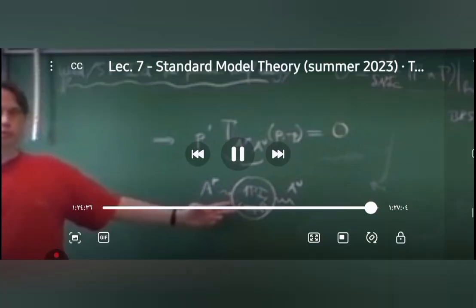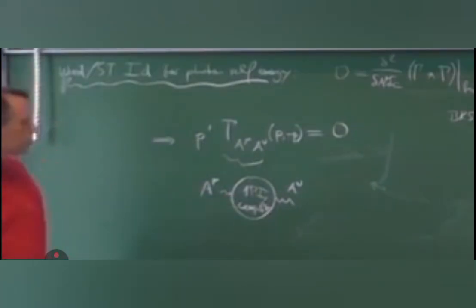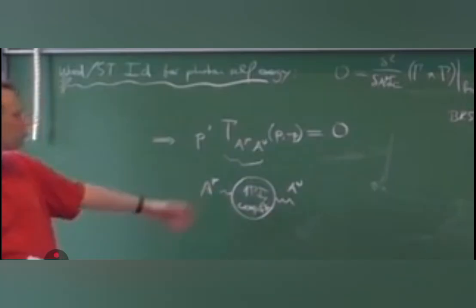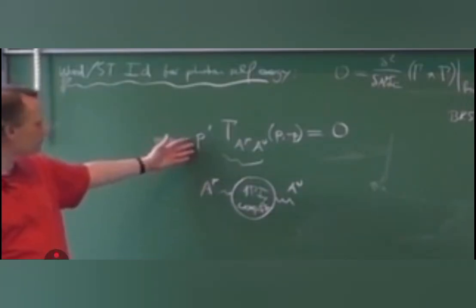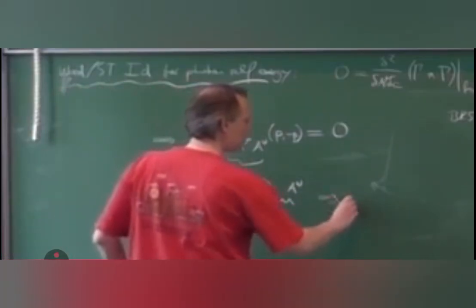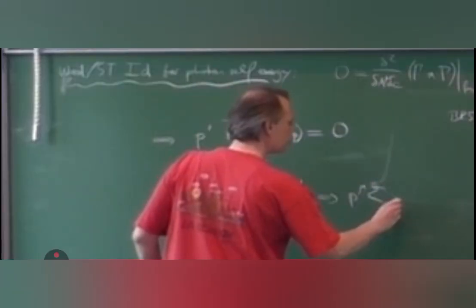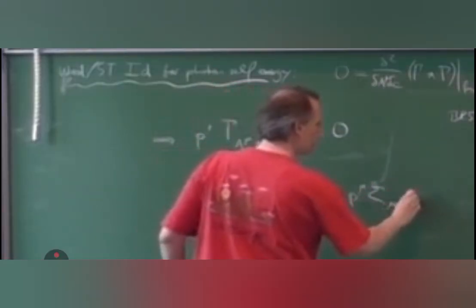And by complete I mean first of all tree level plus 1 loop plus 2 loop plus all other orders, and including all possible counterterms. Whereas that was only 1 loop and with or without counterterms, so that is everything, and that is fully transverse. And of course a corollary of this is that our self-energy p^μ Σ^{μν}(p), with or without hat, vanishes.